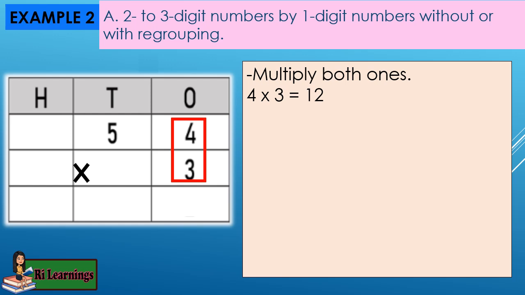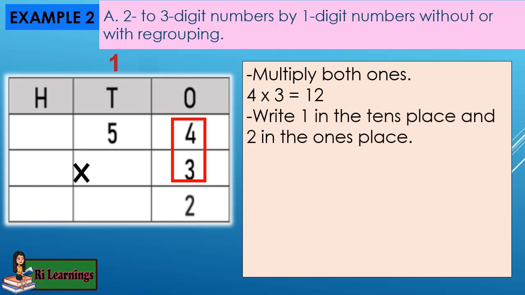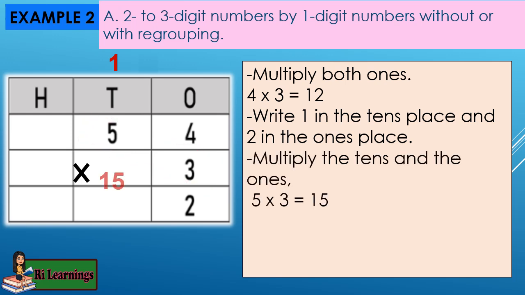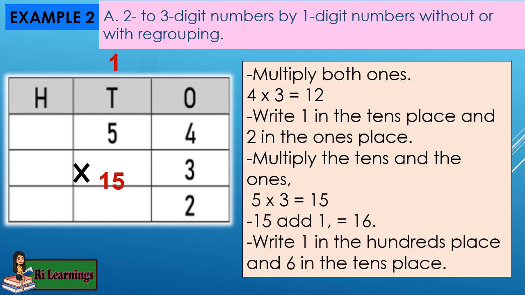Write 1 above the tens place and 2 in the ones place. Multiply the tens and the ones. 5 times 3 equals 15. 15 add 1 equals 16. Write 1 in the hundreds place and 6 in the tens place. The product is 162.